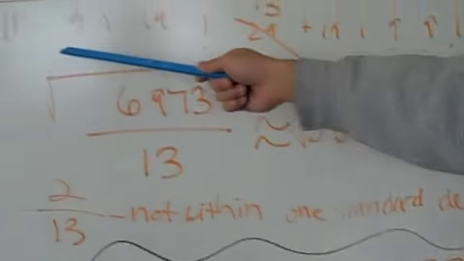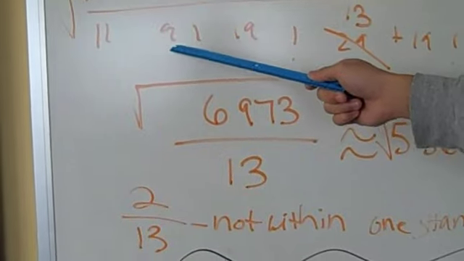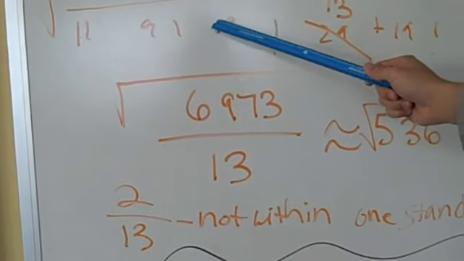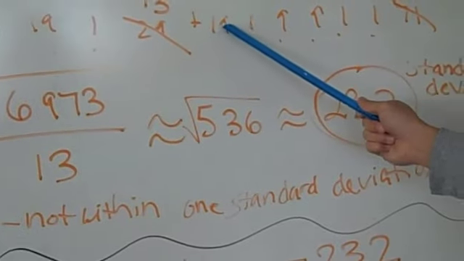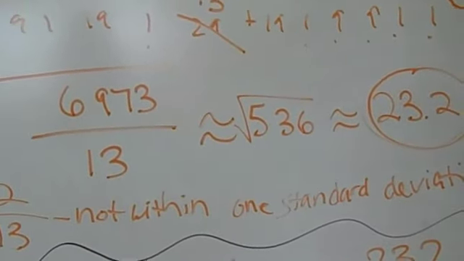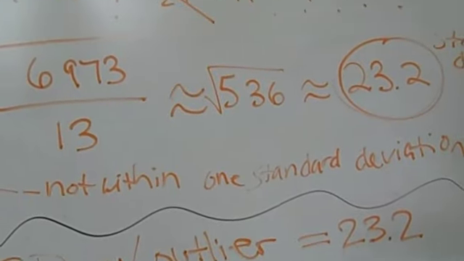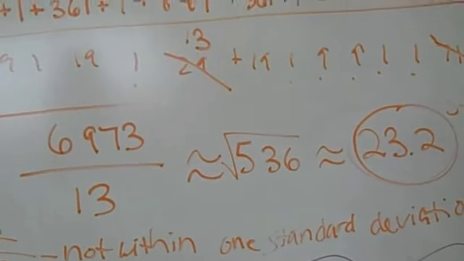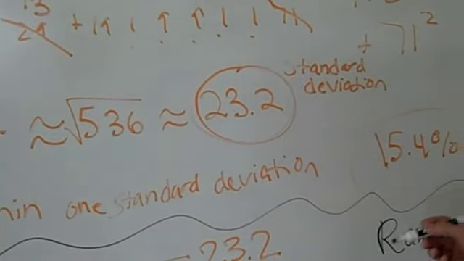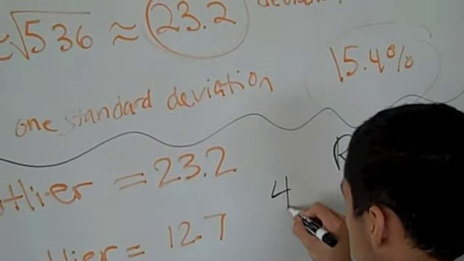And if we look up here, you can see that now 19 wouldn't fit in, so that would change it. Adding 2 more that would not go within one standard deviation. So it'd be 4 out of 13.